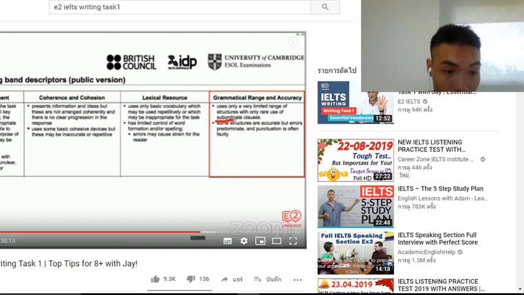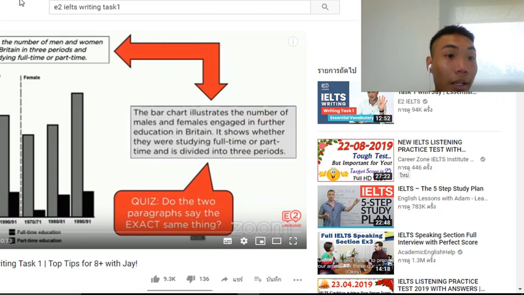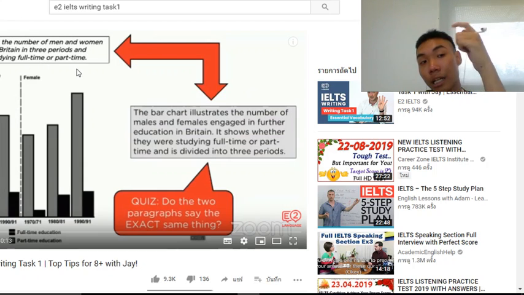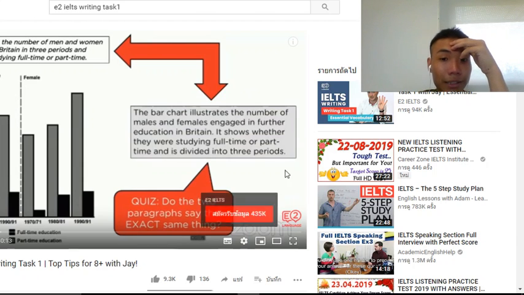Instruction words. In IELTS, they can be like, the chart below shows the number of men and women in further education in Britain in three periods, and whether they study full-time or part-time, right? Well, this guy just changed the chart into the bar chart, and shows into illustrates the number of male and females.